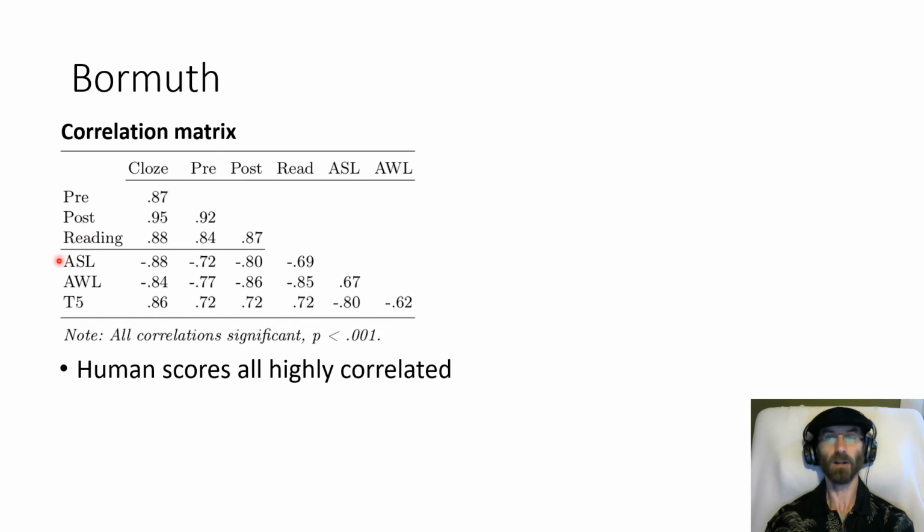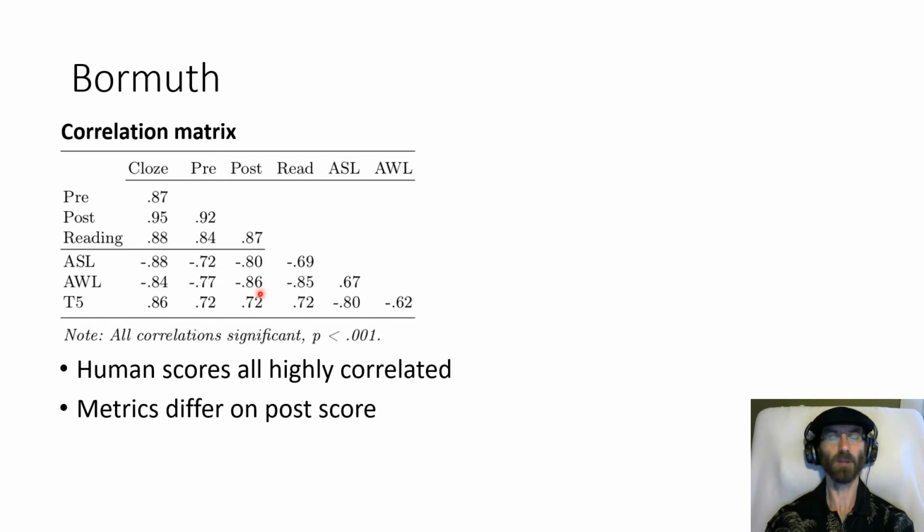If we come down here and we look at the readability metrics, including T5 on the last row, we can see that they, in general, are kind of comparably correlated with the human scores, except for the human post-test, which is a bit interesting. And so the T5 is a little bit less correlated with that, what humans learned after reading the text.